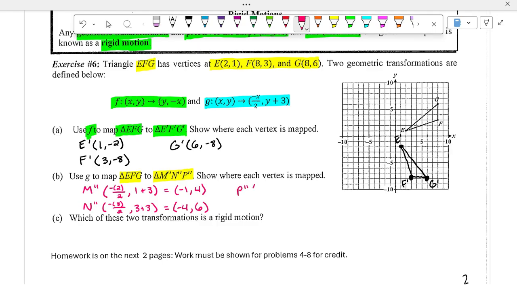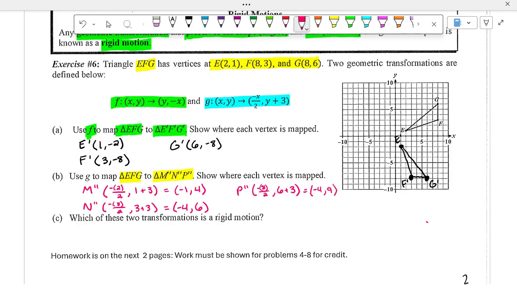Finally, P double prime. That's -8 divided by 2, and then 6 plus 3. So what's the new point? Negative 8 divided by 2? Negative 4. 6 plus 3? 9.